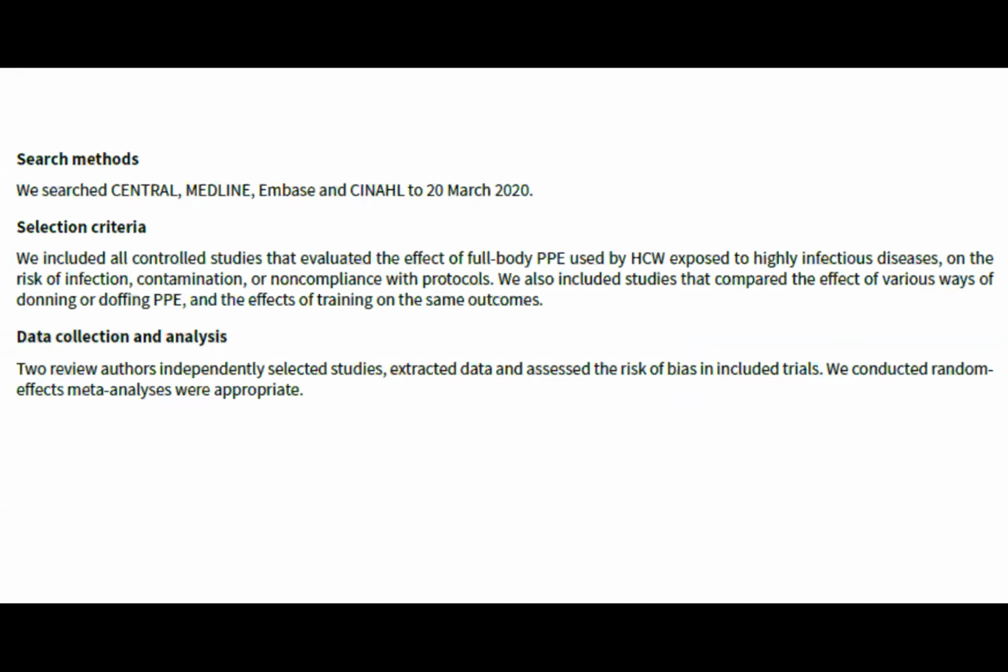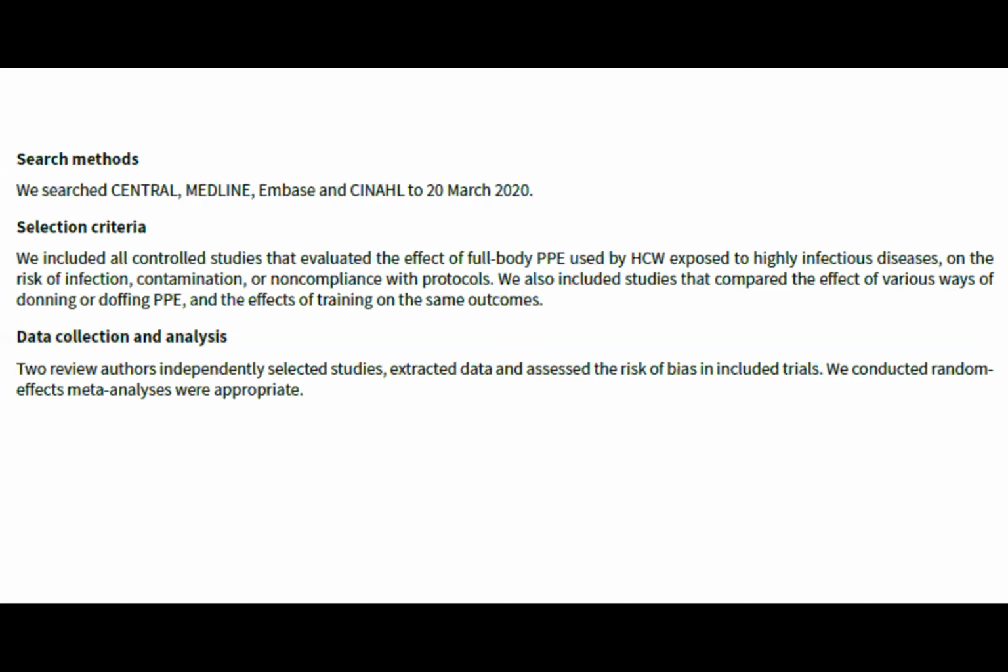So you may be wondering, after they've done all of this, how many studies did they actually include in this Cochrane review? After this third update, they now have included 24 studies in this review. 14 of those are randomized controlled trials, and the others are non-randomized controlled trials.